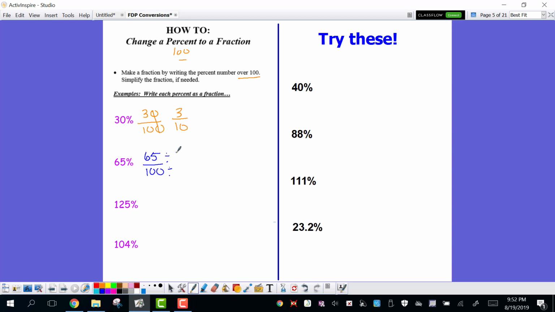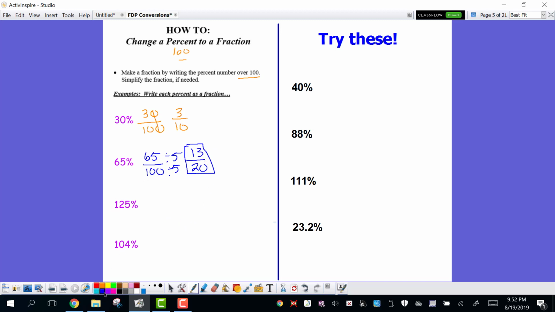Okay, we divide by 5. 65 divided by 5 gives me 13, and 100 divided by 5 gives me 20. Since I cannot simplify anymore, this would be my simplest fraction. So 65% is equivalent to 13 over 20.